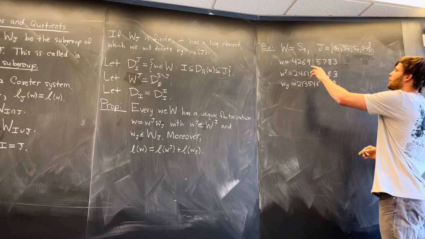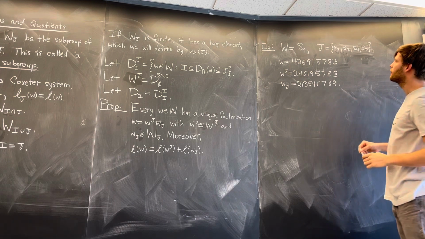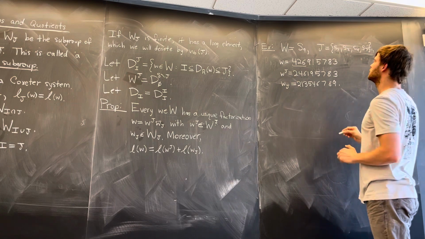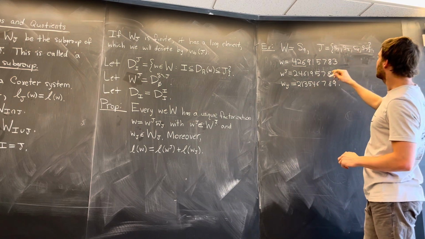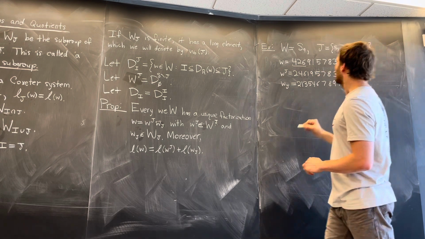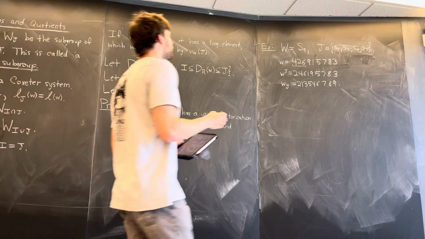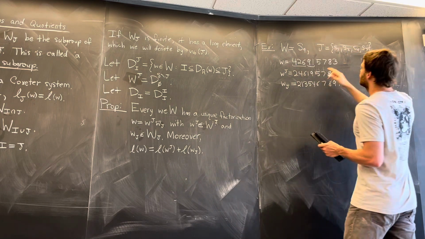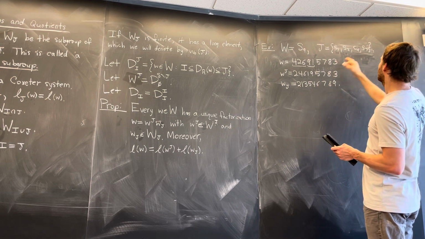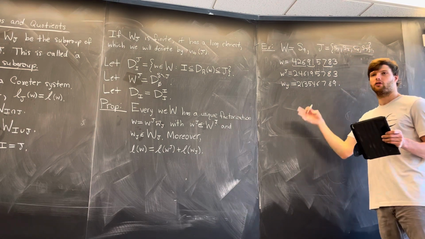So these three numbers are the things that I can permute using S1 and S2. These two numbers are the things that I can permute using S4. And then using S7, I could permute the numbers in positions 7 and 8.